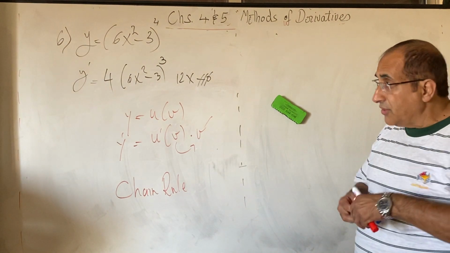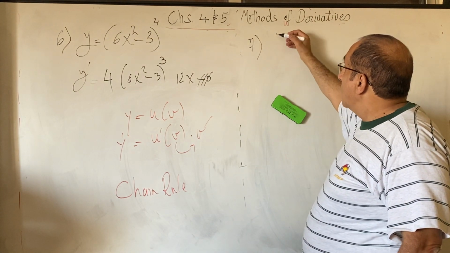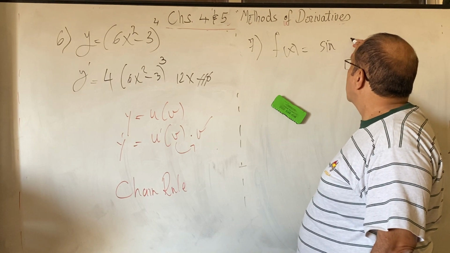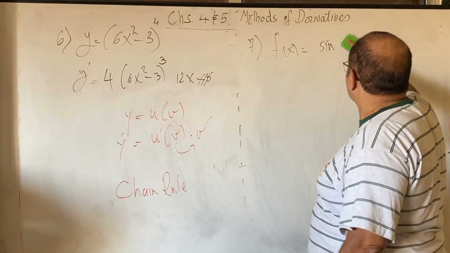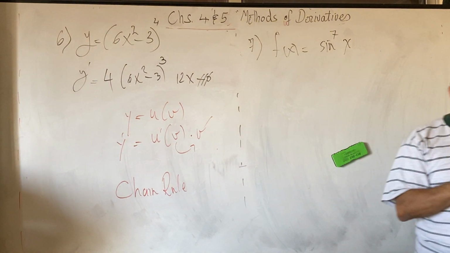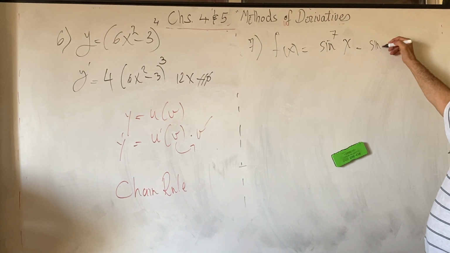Okay, sure. Let me give another example. Number 7. F of x equals sine of x to the power 7. All right? And now remember, from Math 1, this is the same as that.